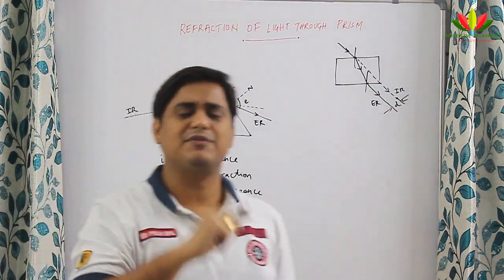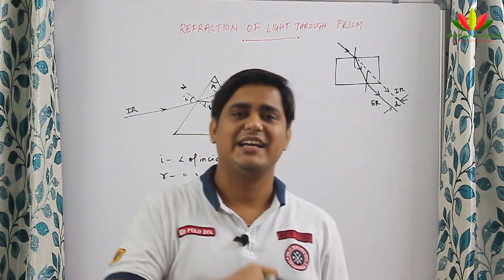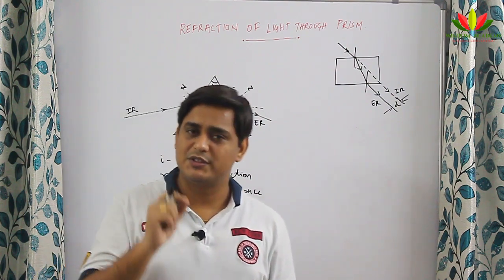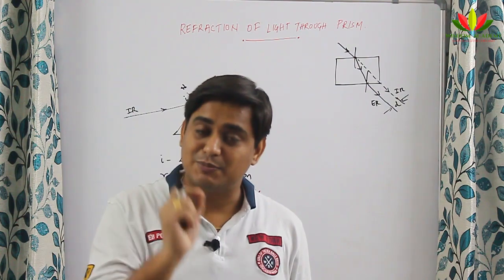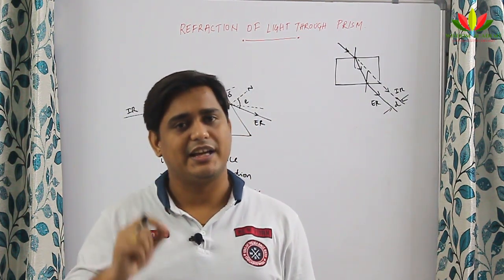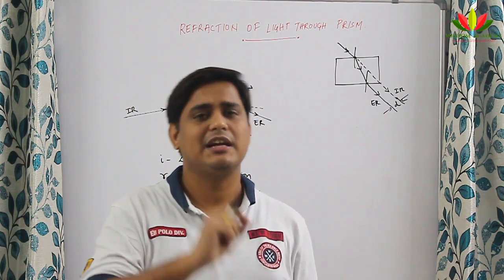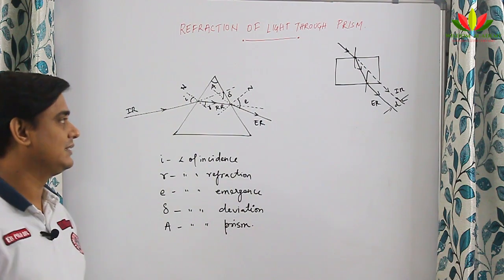So, one basic difference between the refraction of a glass slab and of a prism is that in a glass slab we observe no deviation and there is only a displacement, whereas in refraction by a prism we experience both displacement and deviation. Very important thing which will be useful for you in the higher classes.